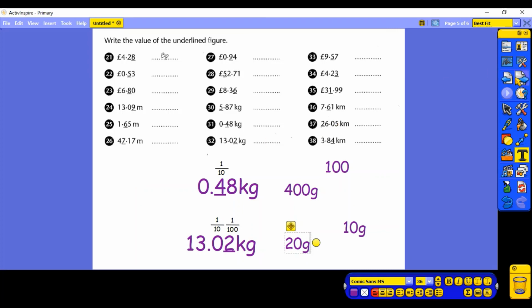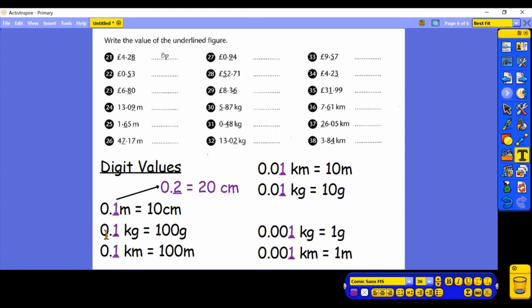So I'm going to give you something now. I've given you here some digit values, and I would recommend you having this on the screen or writing this down to help you when you're working through 21 to 38 on your first sheet.